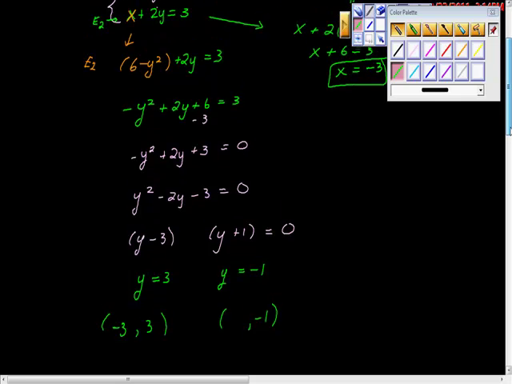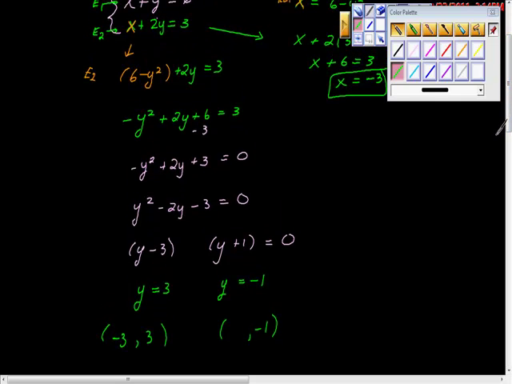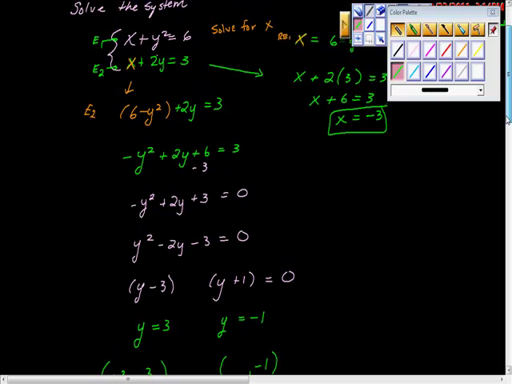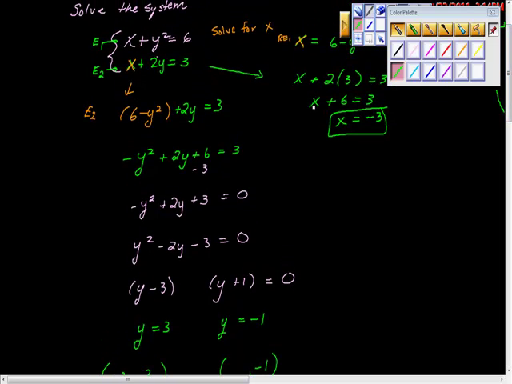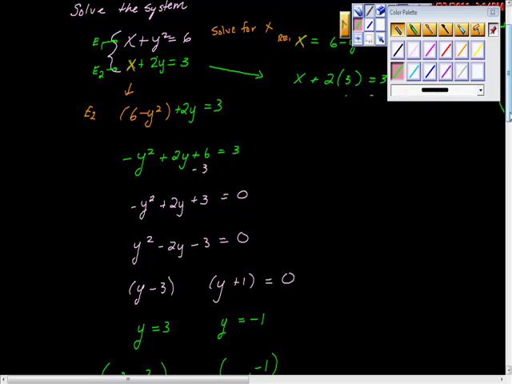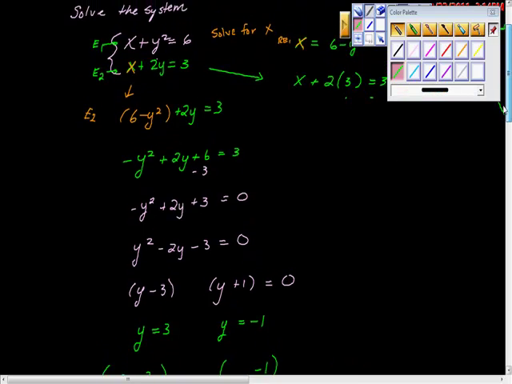So let's finish this up. Let's take a look here. I'm going to do the same thing here. That's how we got our negative 3. So we got that. We also have a possibility that y was equal to negative 1, isn't that right? So I'm going to do the same thing.